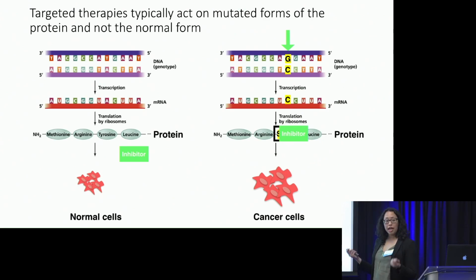Sometimes they're antibodies that target those specific proteins. And ideally, we want to find inhibitors that are specific to the mutated form of the gene, but do not affect cells or the version of the protein that's in normal cells, because you wouldn't want to inhibit or hurt your normal cells. And so often when we think about targeted therapy, we're trying to identify these kinds of cases.